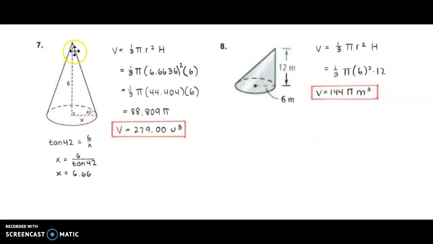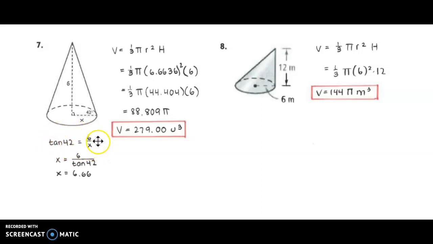Can't use Pythagorean theorem because you don't know the slant height here, right? So in this right triangle, 42 degrees is here, and so 6 is opposite and x is adjacent. That's why you have to use tangent, right? Tangent is opposite over adjacent. All right, so here's our setup.